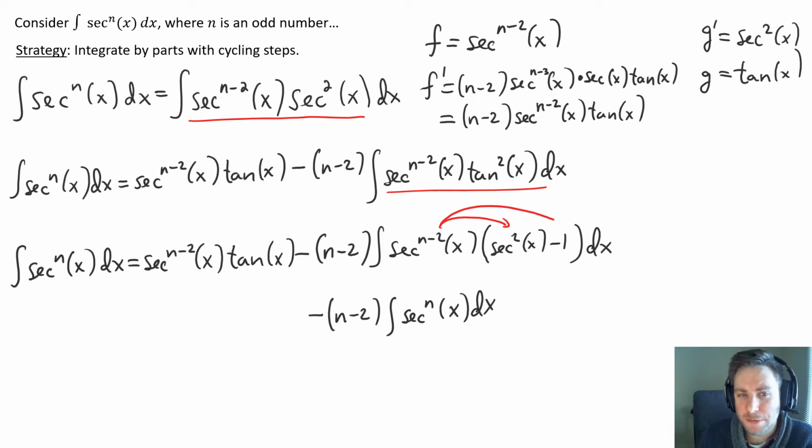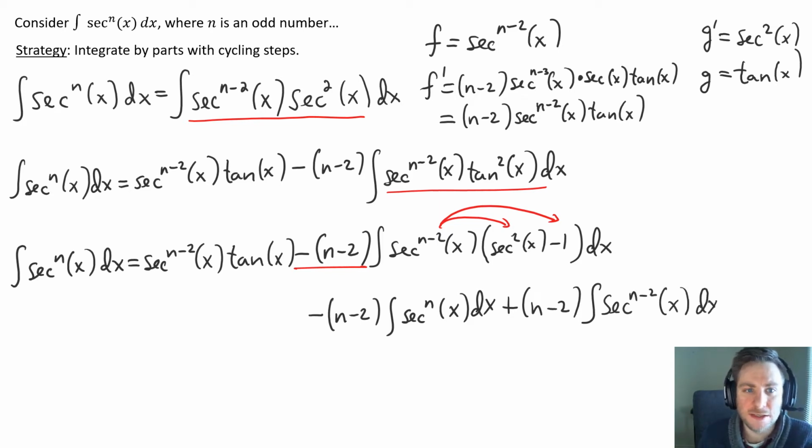I also need to expand onto this second term, and keep in mind that term is also getting multiplied by n minus 2. So when I form the integral of the second term, it's also going to have that n minus 2 in front, and it's going to be positive as a result of a negative being multiplied by another negative. Since secant to the n minus 2 times 1 is just secant to the n minus 2, this is the integral of our second term. You can pause and confirm it if necessary.